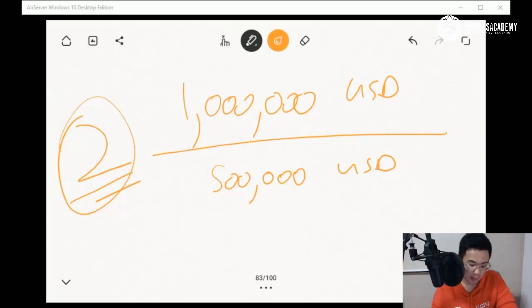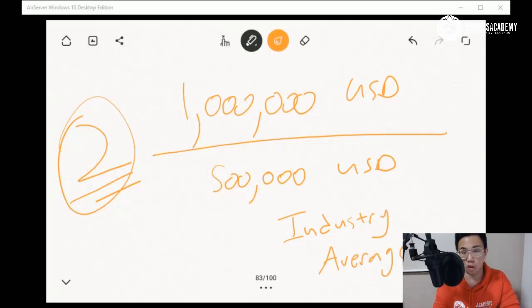But that is just a general rule of thumb. At the end of the day, you still have to look at the industry average. Basically, you have to see what is the norm for this industry in terms of cash flow.